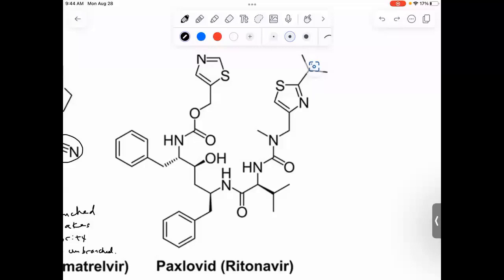And what can we rule out? Can we rule these rings out? Yes. All of those rings are full of sp2 hybridized carbons. So we rule them out. All right. What else can we rule out? Can we rule out all these CH2s?